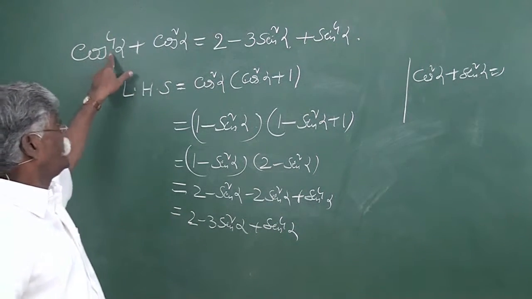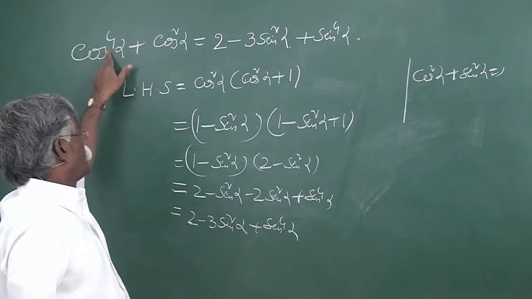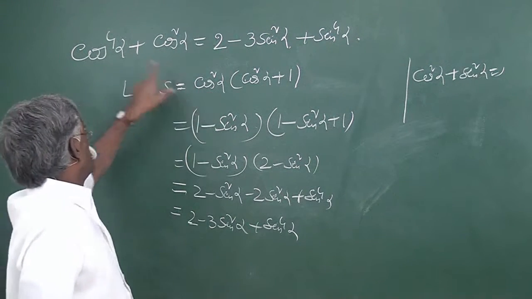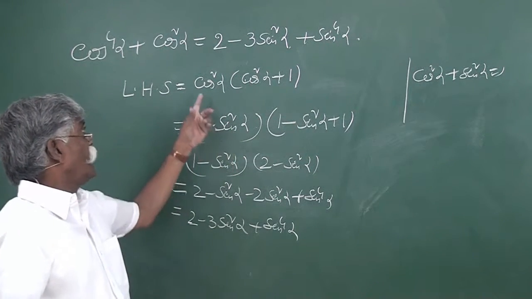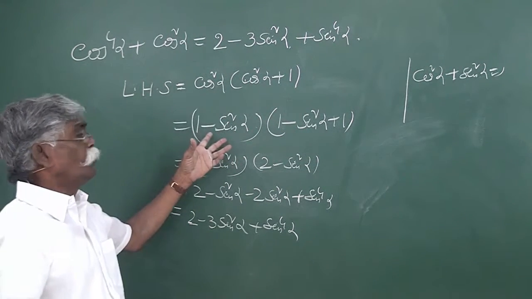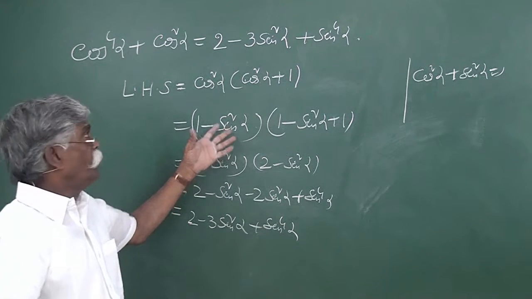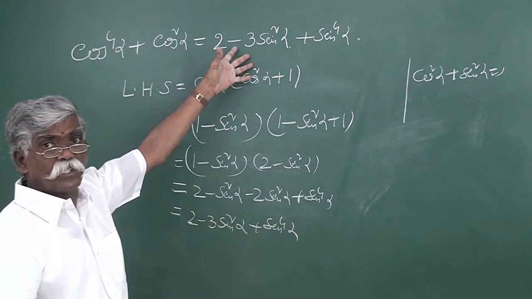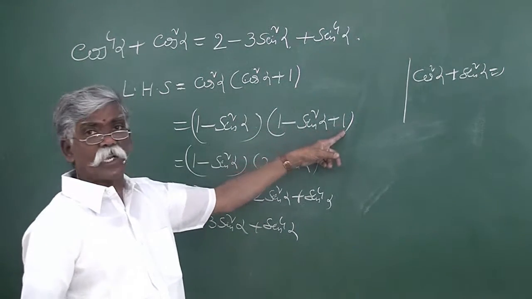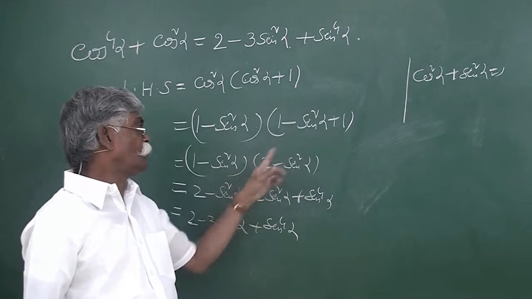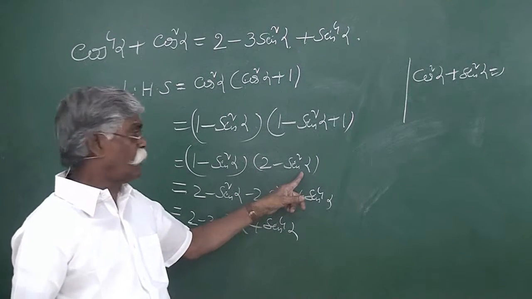So the right hand side is taken. Cos square alpha is common. So we are left with cos square alpha plus 1. And cos square alpha is converted into 1 minus sine square alpha because the right hand side is expressed in terms of sine. And this is also 1 minus sine square alpha plus 1. 1 plus 1 is 2, 2 minus sine square alpha.